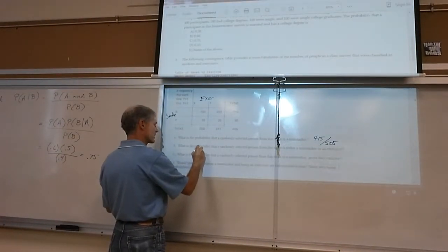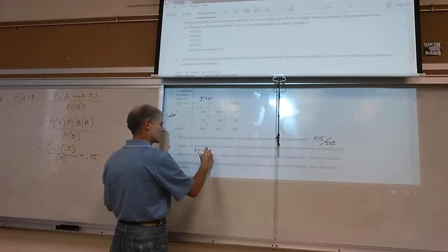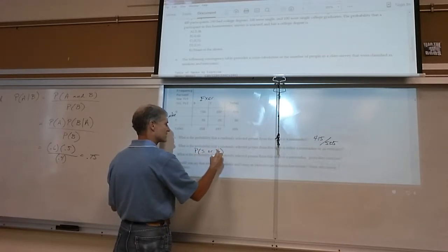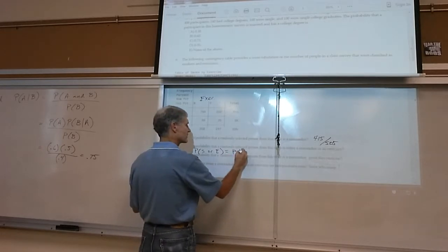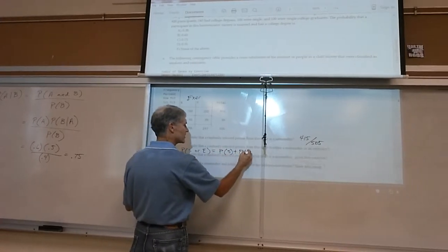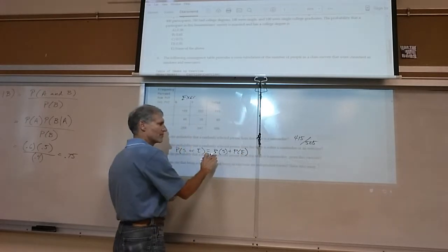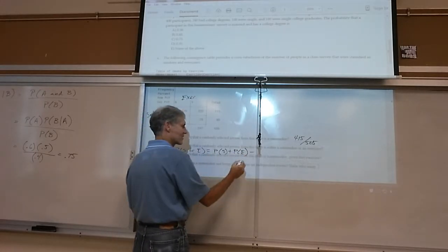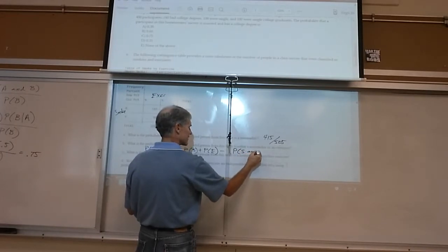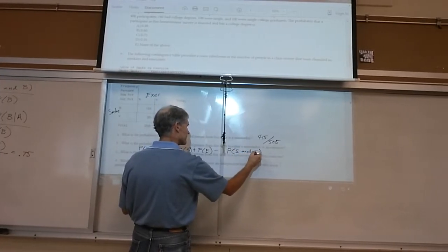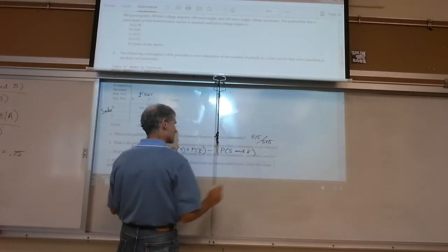So, the probability of smoke or exercise, by the addition rule, that's the probability of smoke plus the probability of exercise minus, you're not done yet, probability of smoke and exercise. Good.